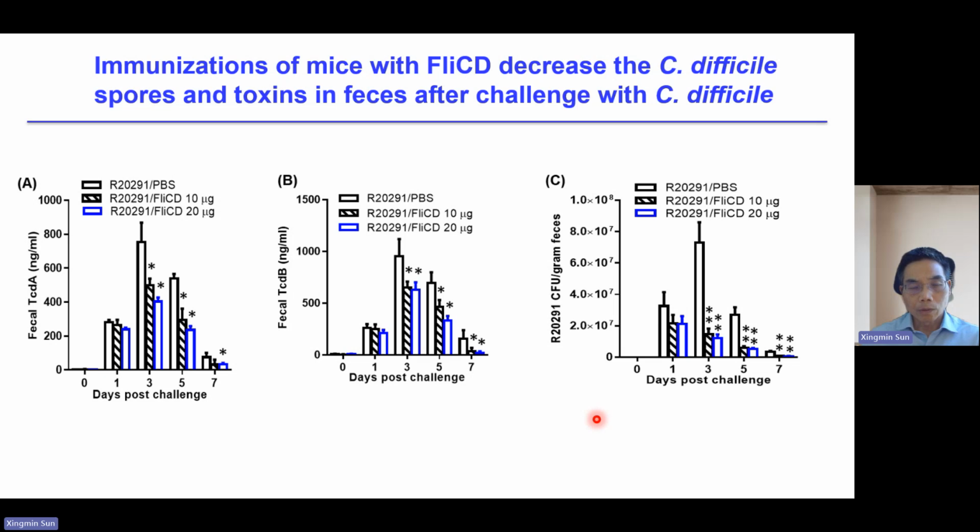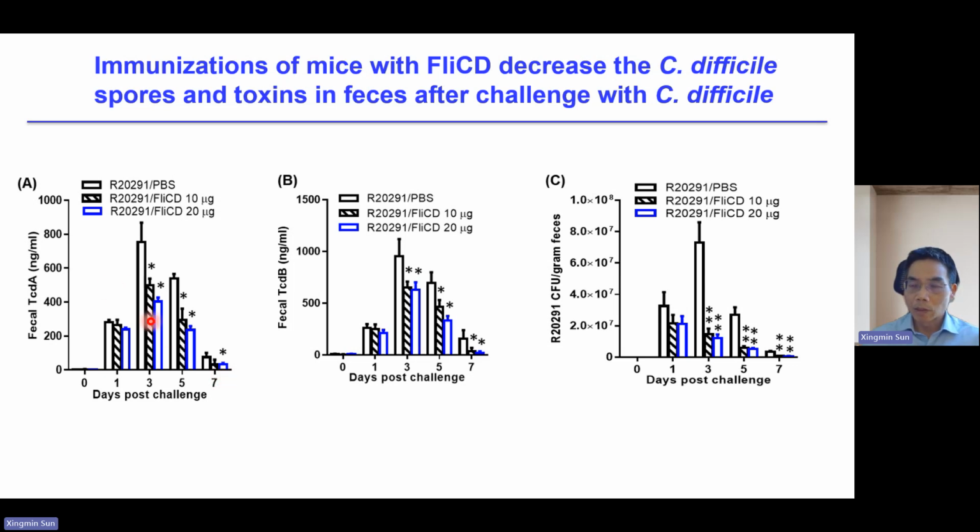Then we also determined the toxin levels and the C. difficile spore numbers in the fecal samples of the control group mice and the immunized group mice challenged with C. difficile R20291, which is the epidemic strain.